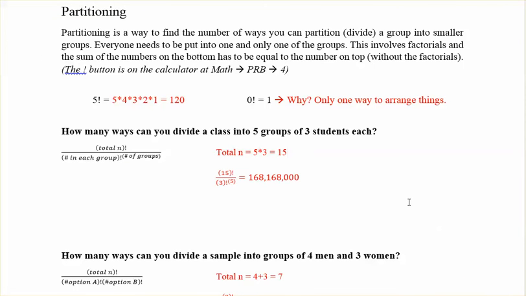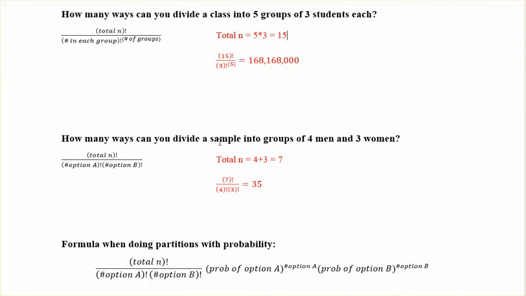So what's another example? How many ways can you divide a sample into groups of 4 men and 3 women? So we've got 4 men and 3 women. So our total is 4 plus 3, because that's our total. So our total is 7 factorial, and that's divided by option A, which is our 4 men, times option B, which is our 3 women.